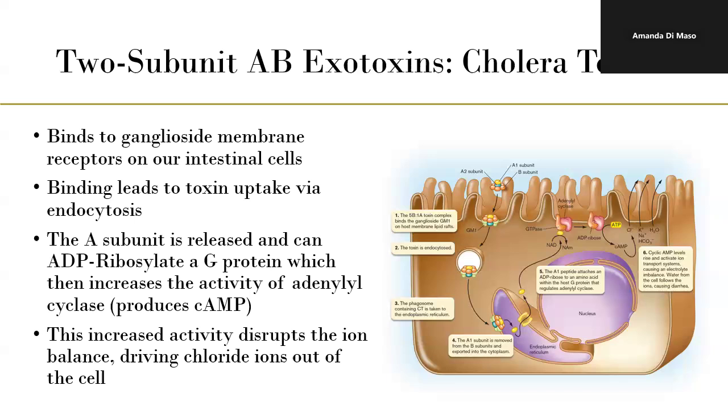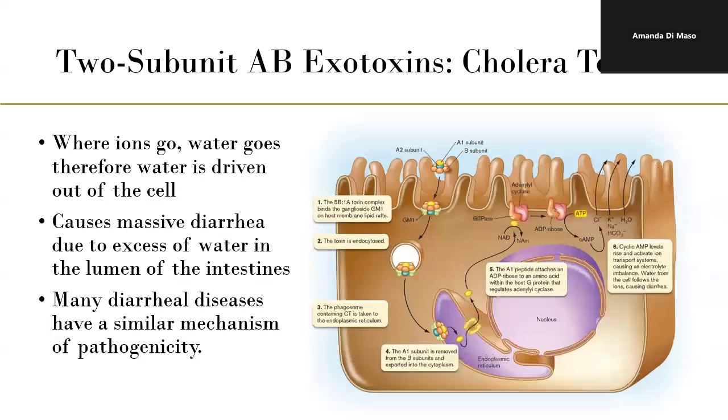Well, that's fine, I guess, except when you learn osmosis, water doesn't follow its own gradient technically. It follows other gradients. So if we move ions, we're going to cause water to move with it. So when we take all of the chloride ions and suddenly dump them out of the cell, the water says, well, I gotta go with it.